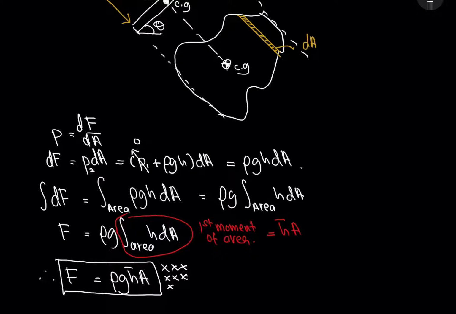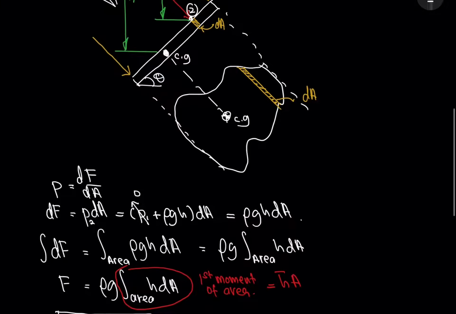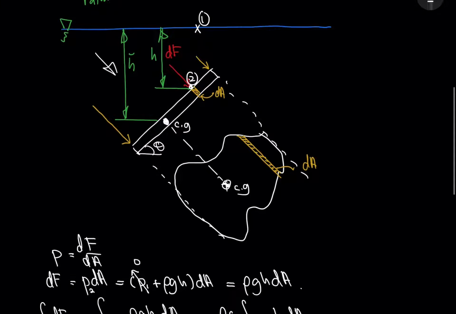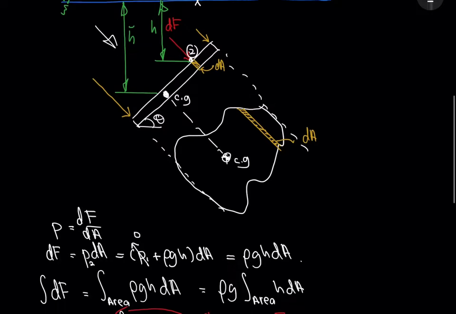Rho g is the fluid which is giving the force. H bar, look at the figure there. H bar is the distance measured vertically from the center of gravity of the submerged surface to the free surface. That is h bar. You need to remember that. And then times the area. What area is that?